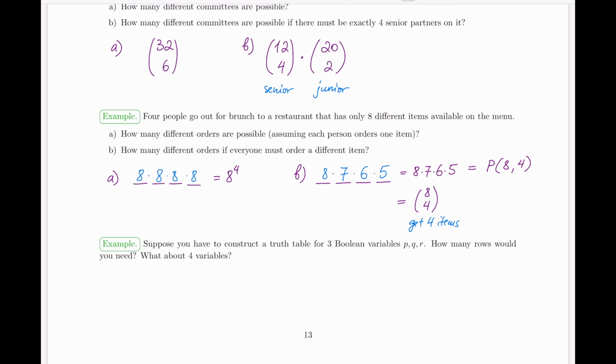It means that everybody has to get their own personal brunch item. So I'm going to have to multiply by the number of ways that the server will have to place the items in front of the people. They chose 4 items to purchase. There are 4 factorial ways to actually place them on the table or order them around the table. I'm going to say place them on the table.